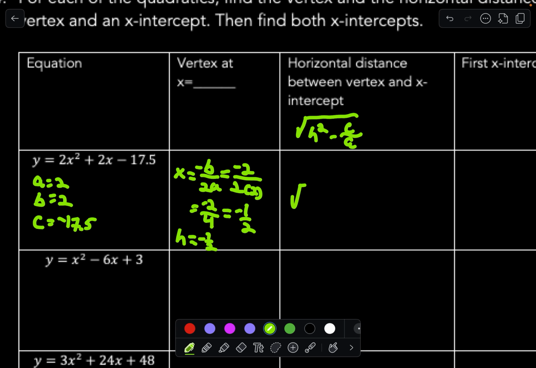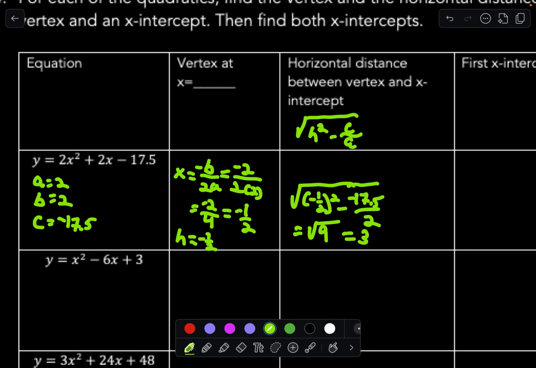So this is going to equal the square root of negative 1/2 squared minus our c, which is negative 17.5 over 2. All right? Well, if you calculate this out, this works out to be the square root of 9, which is equal to 3.